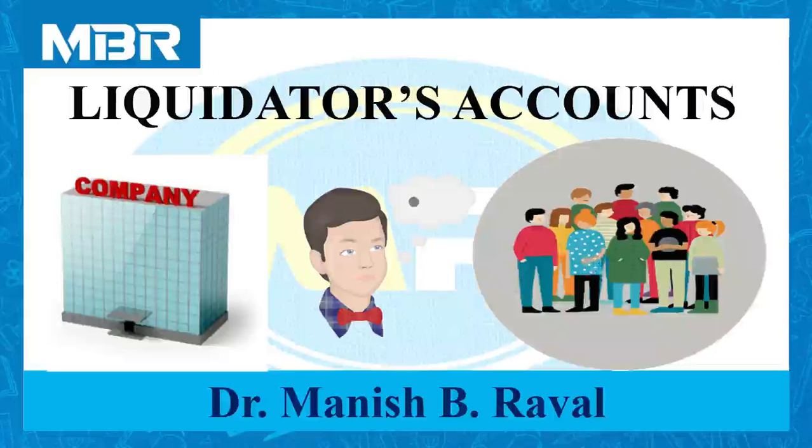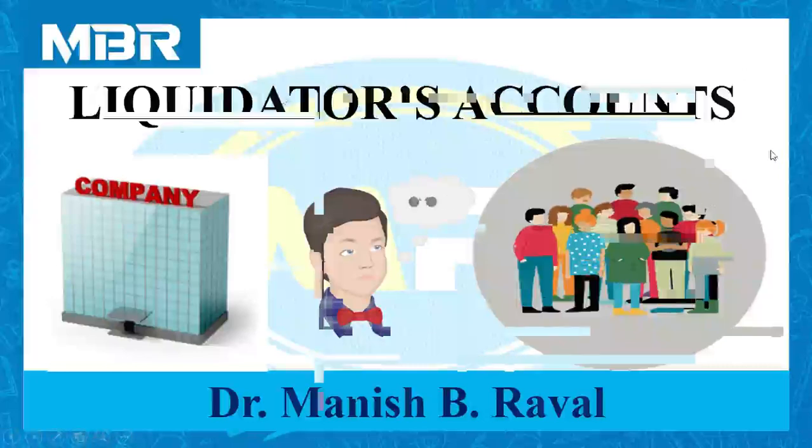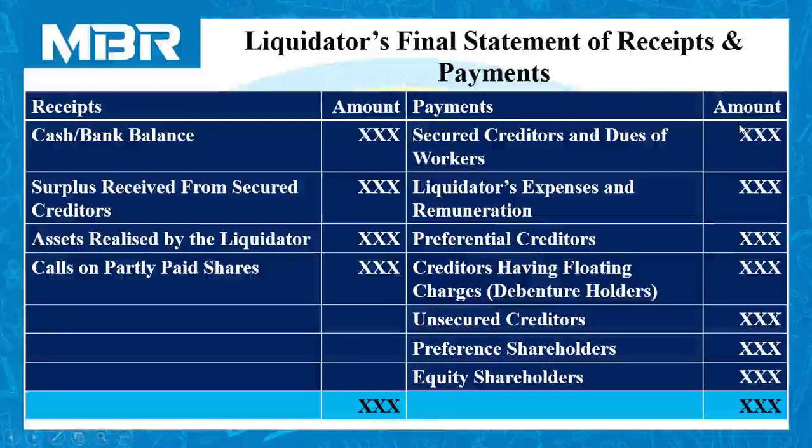One most important part of the disbursement is understanding preferential creditors according to the provisions of the Companies Act 2013. After discussion of the order of payment and preferential creditors, now it is time to understand the format, the proforma of the liquidator's final statement of receipts and payments.